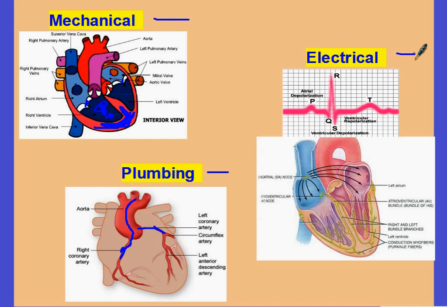Without an electrical system, the contraction of this muscle over here would never happen. And the heart has a really unique ability to send electrical signals without an outside stimulus. The very first place where an electrical stimulus is released is right here, the posterior wall of the right atrium.